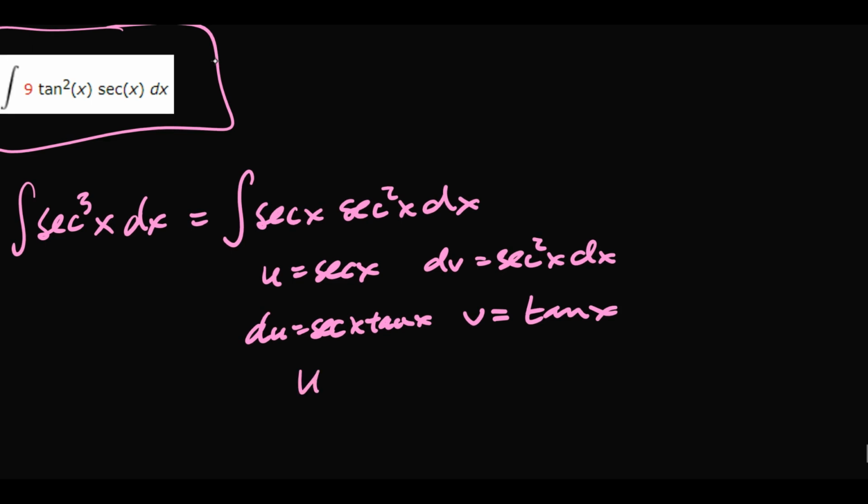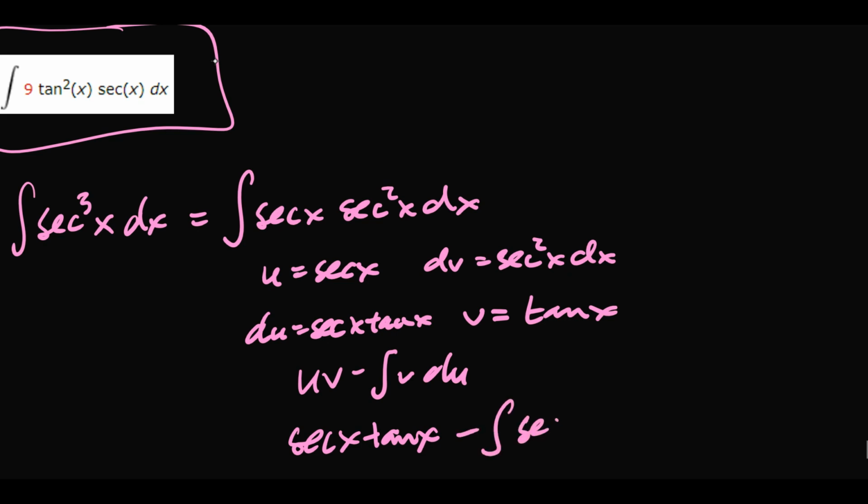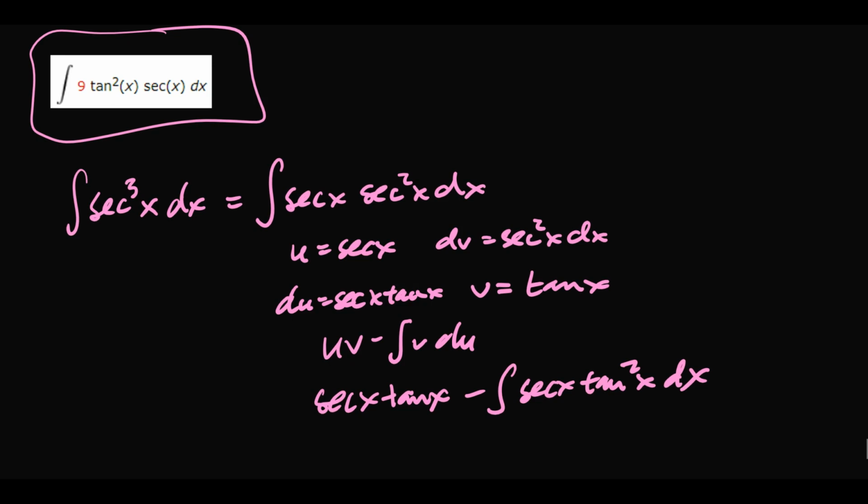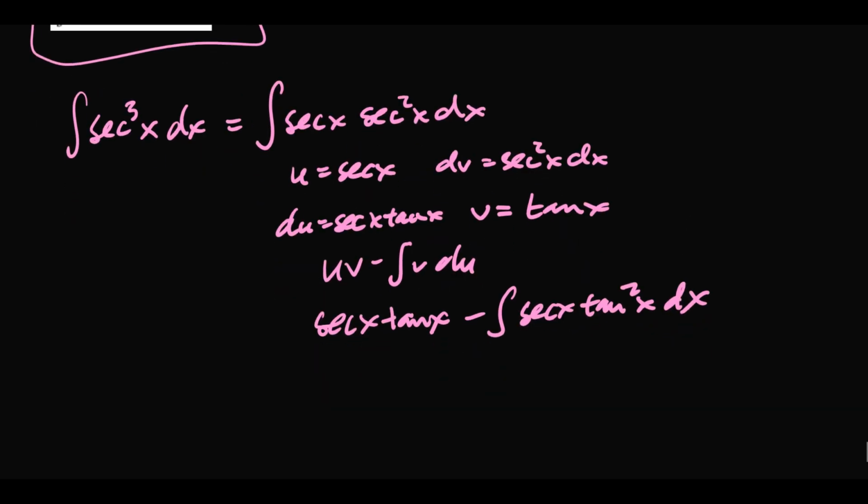So when I do uv minus integral v du, I get secant tangent minus integral secant x tangent squared of x dx. All of this is equal to the integral of secant cubed of x dx.